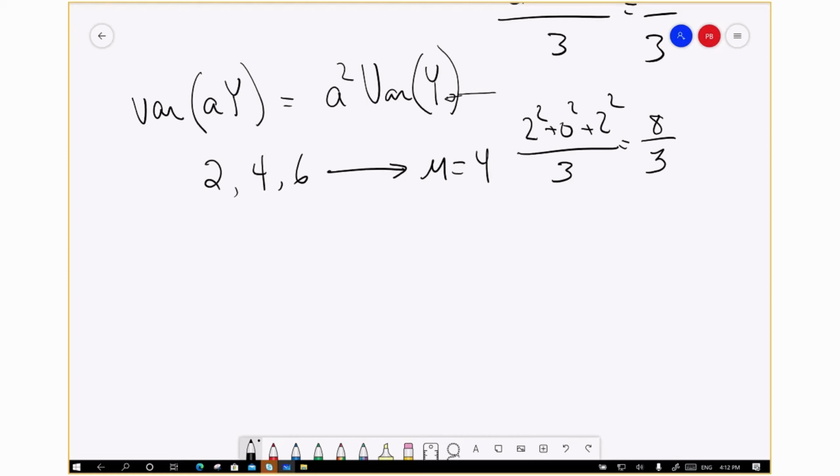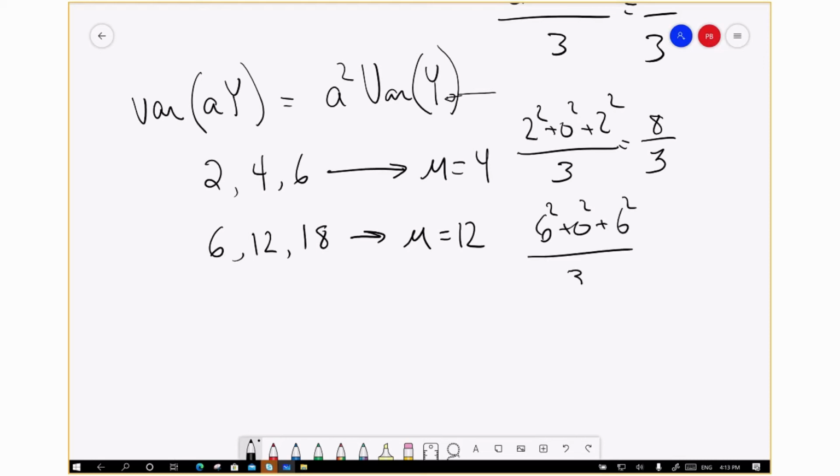Now we're going to multiply each one of these by 3, so we get 6, 12, and 18, and now mu is equal to 12. Thinking of the mean squared deviations, the difference between 12 and 6 is 6, so you get 6 squared plus 0 squared plus 6 squared over 3, which is equal to 72 over 3.